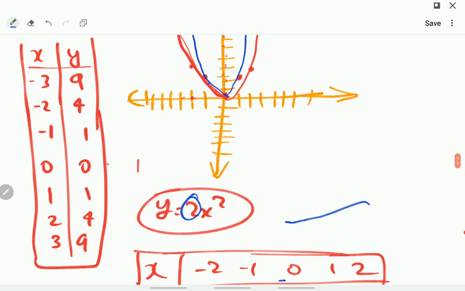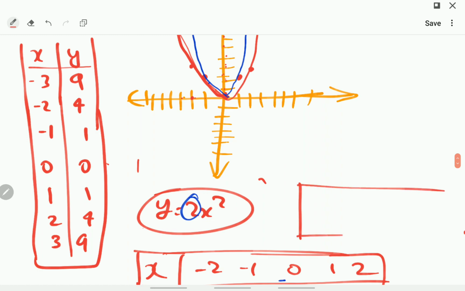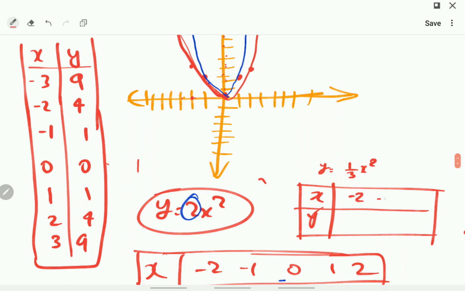Right. So let's try one more example for the sake of things. Let's try y is equal to 1/3 x squared. Going through the same way, with x as -2, -1, 0, 1, 2, we get 4/3, 1/3, 0, 1/3, 4/3.